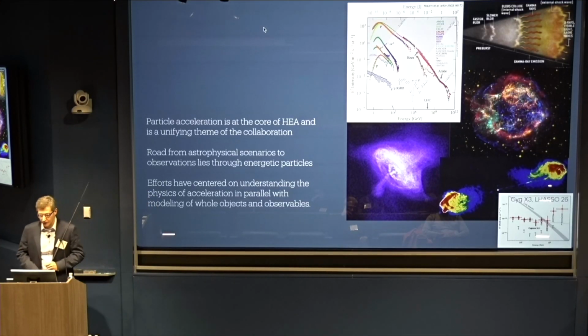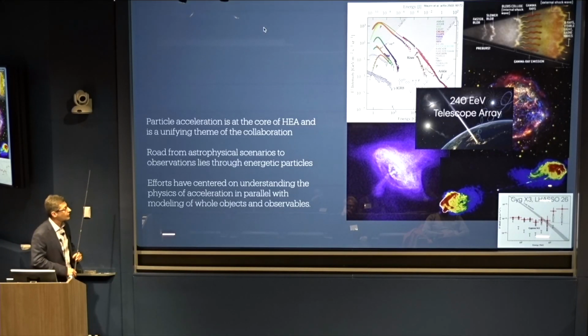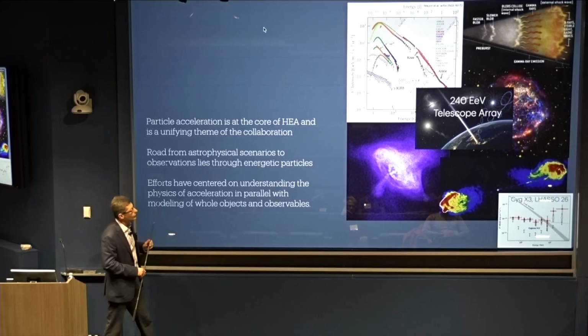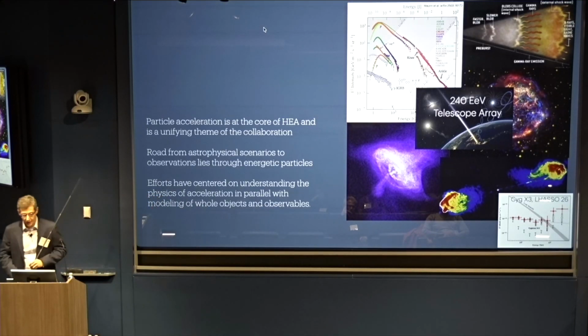This is a microquasar in the galaxy. Also the detection of a 240 EeV cosmic ray with Telescope Array, so something even more extreme accelerated that amazing particle. Again, we're trying to figure out what these things are.